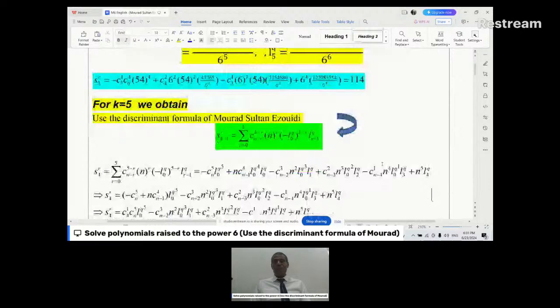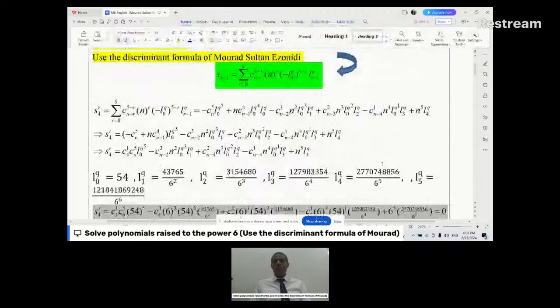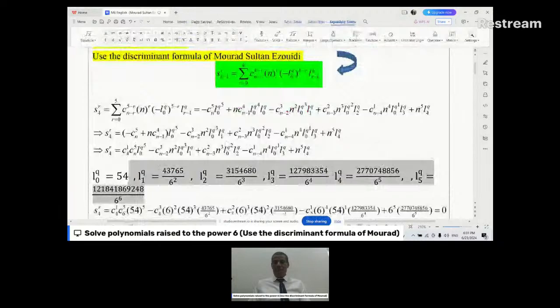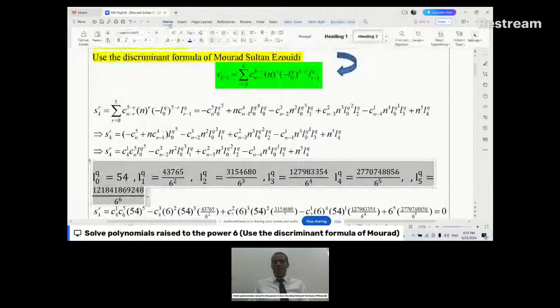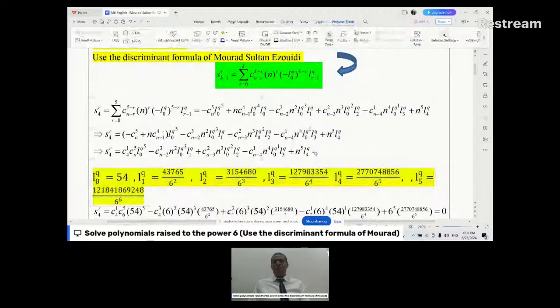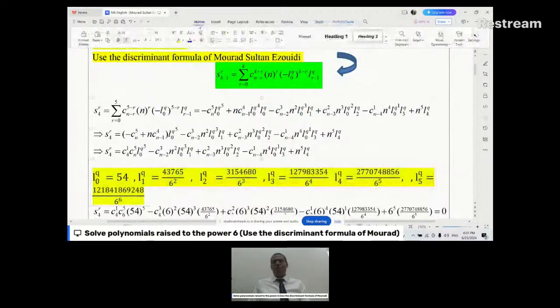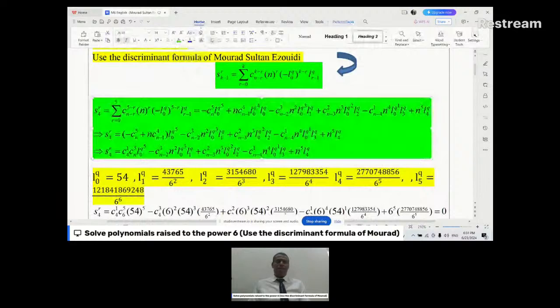Now learners, I will just continue. At the same time, learners, try to also find the value of S4. I will just now use this one. S4, I will use green, it's better. Of course, I can change the color.